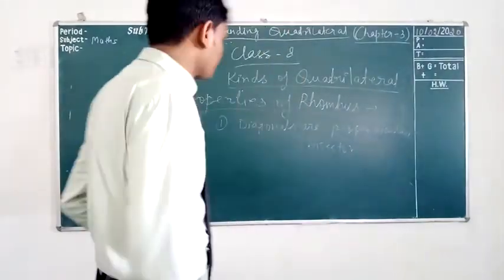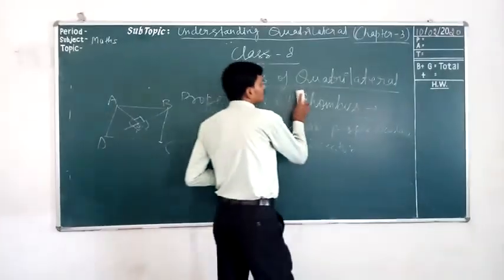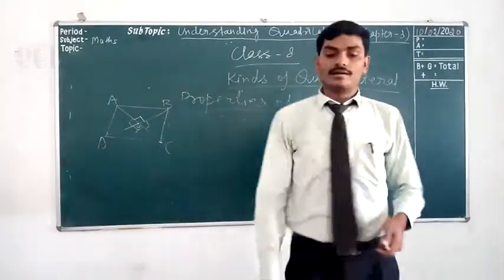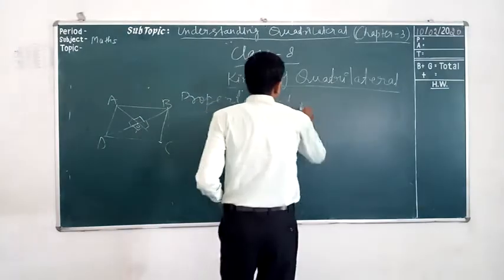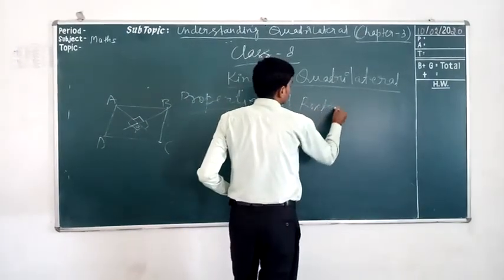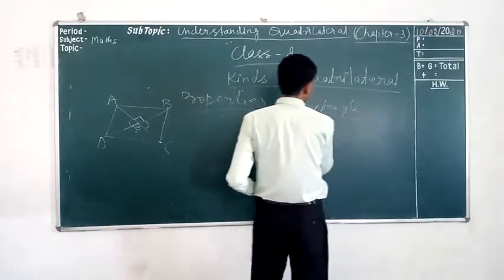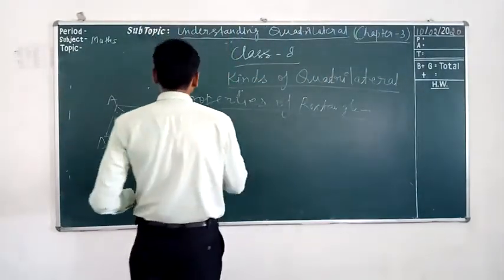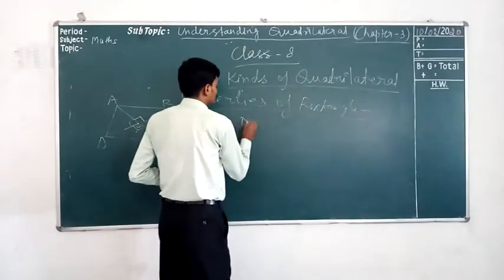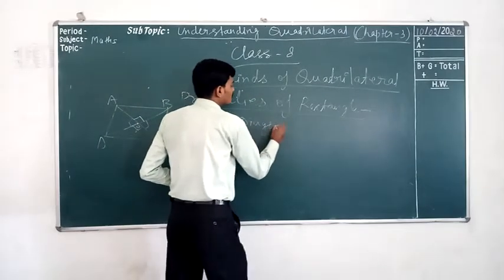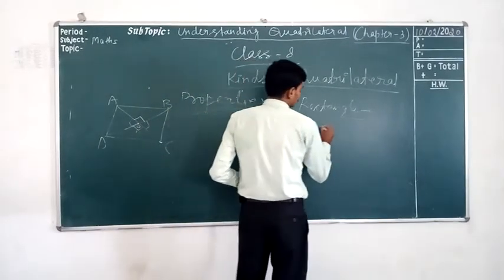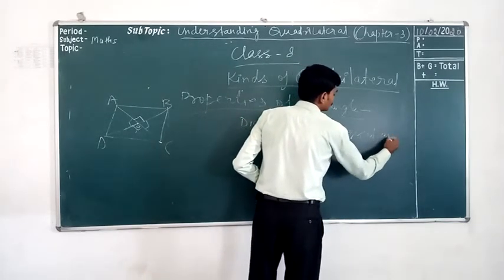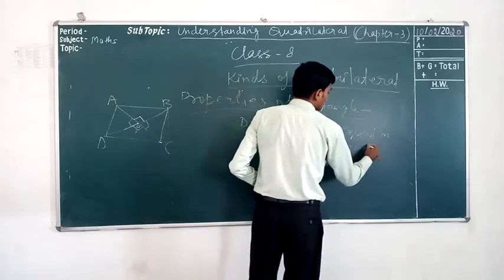Now property of rectangle. The diagonals are equal in length.